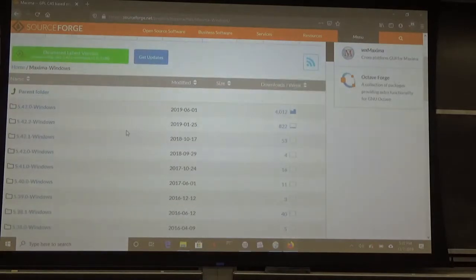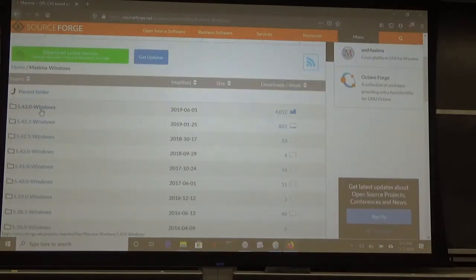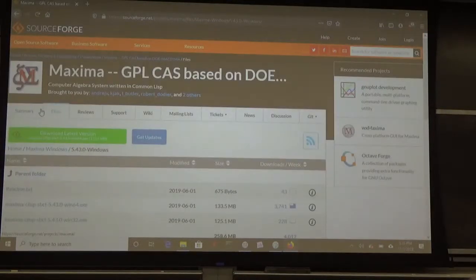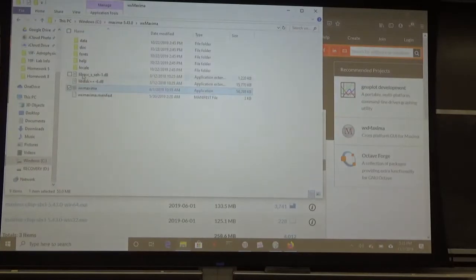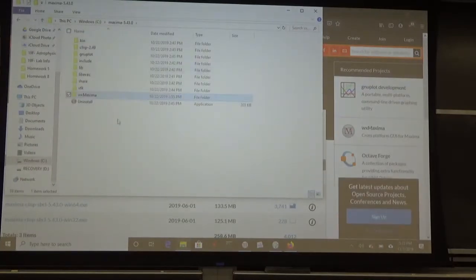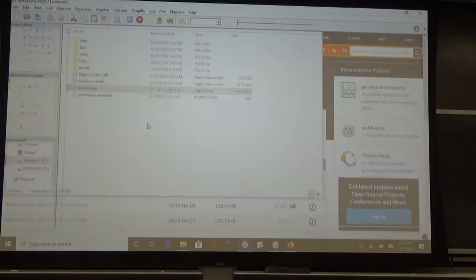And then 5.43 is the latest release. So you just click on that one and then download it, install it like normal. After you install it, I installed it here, and then you want to go to the WX Maxima folder, open it up, and the actual program is in there.